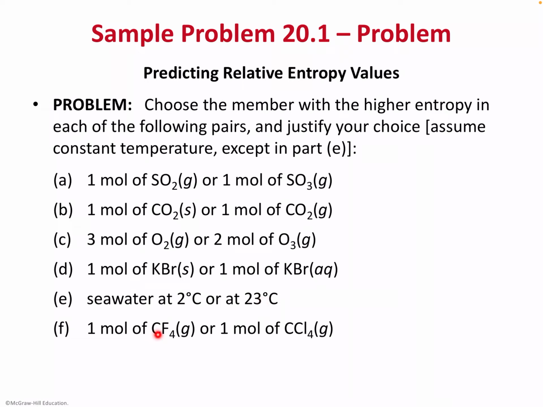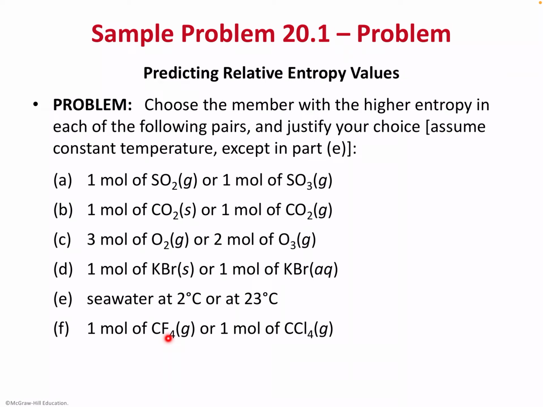One mole of carbon tetrafluoride gas or one mole of carbon tetrachloride gas. Again CF4, CCl4, both are gases. What do we need to look at? You need to look at the molar masses. Fluorine versus chlorine. Fluorine molar mass is 19, I believe, right?